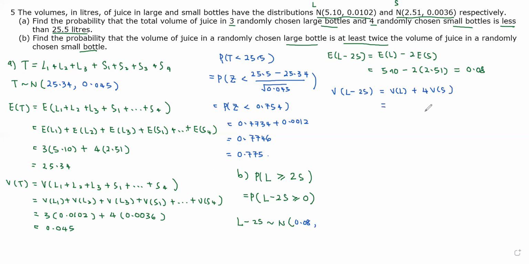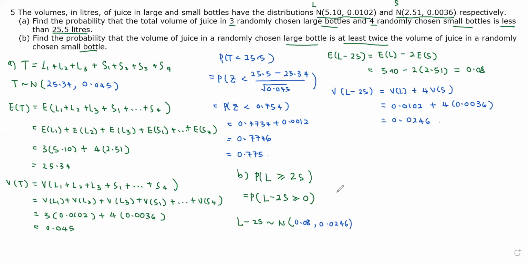Variance can only increase, not decrease. The variance of L is 0.0102 plus 4 times the variance of S, which is 0.0036. That should give us a value of 0.0246. So we have 0.0246 here.